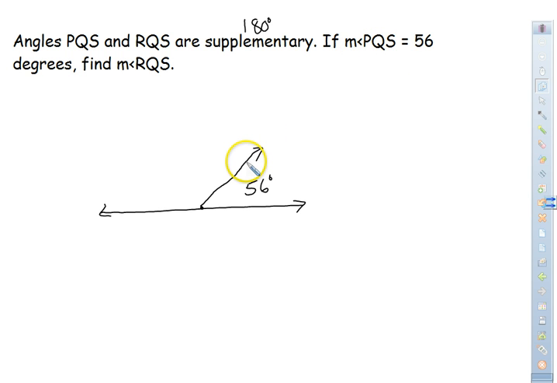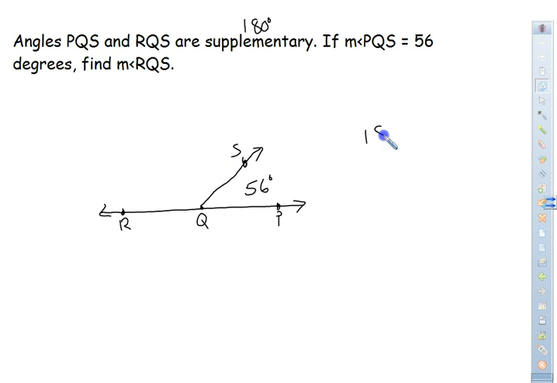This is going to be my Q, and I'm trying to look at this so that they're sharing the same line. So this would be P, this is going to be S, and this is going to be R. So this is PQS, 56, and then we're trying to find RQS, which is this angle.